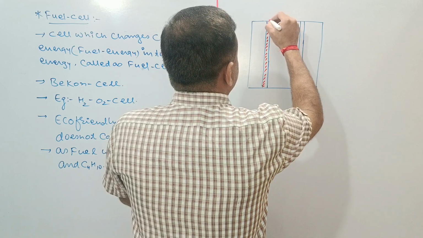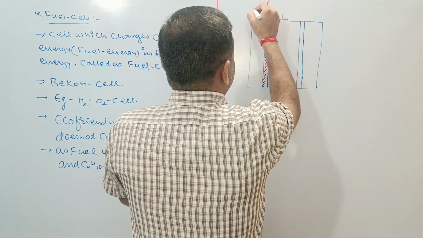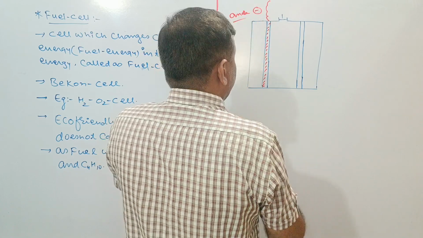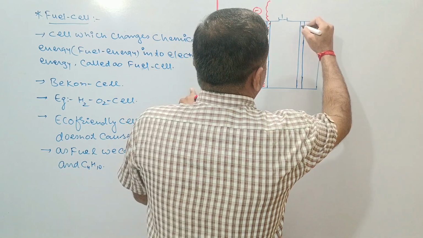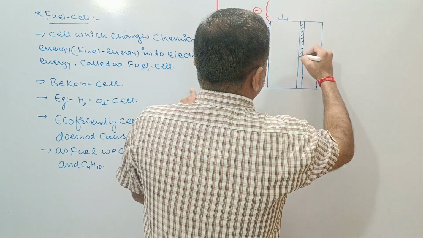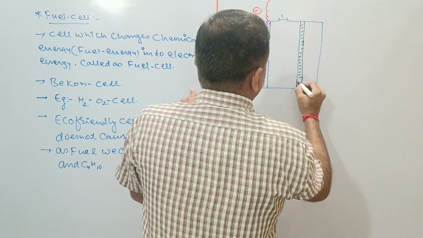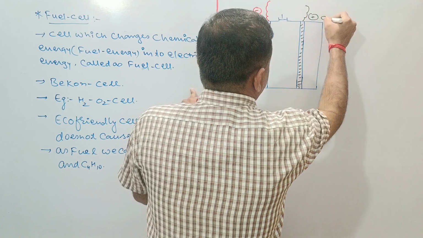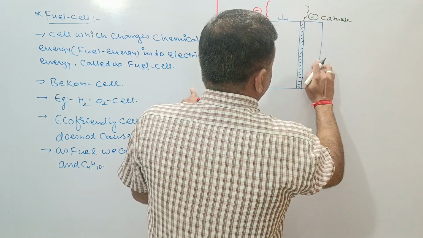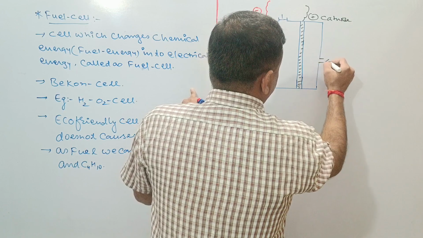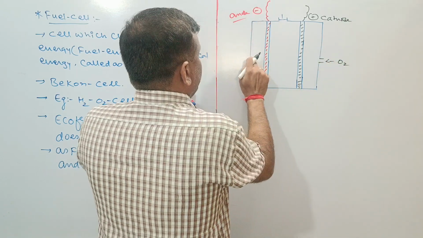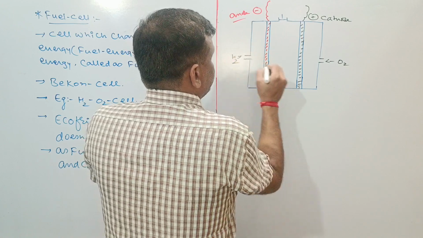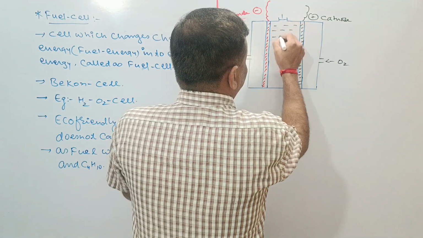The porous electrode on the left will be the anode, and from the right side it will be the cathode, the positive terminal. From the side of the cathode there is a flow of O2 gas as fuel, and from the side of the anode there is a flow of H2 gas. Here as an electrolyte we'll use either acid or base.